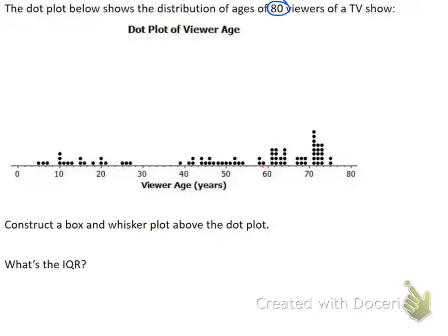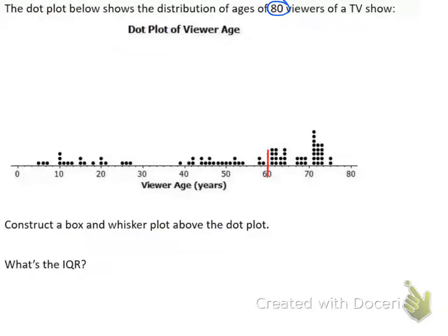The 40th dot is this one right here. And so, again, since it's an even number of numbers, the median is going to be in between that point and the next point. So this is going to be my median right here. That's my third point of my box and whisker plot.